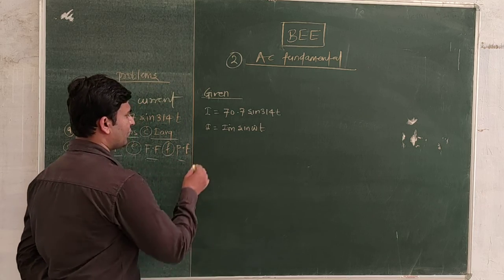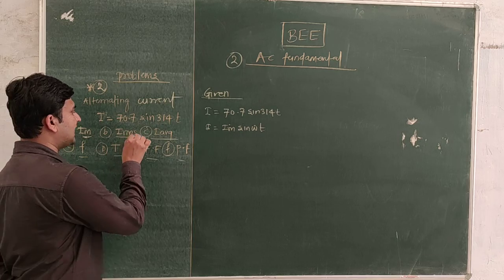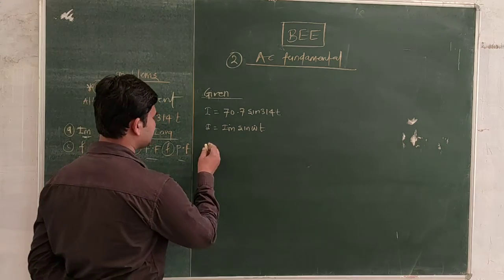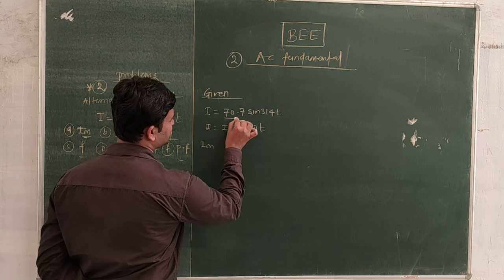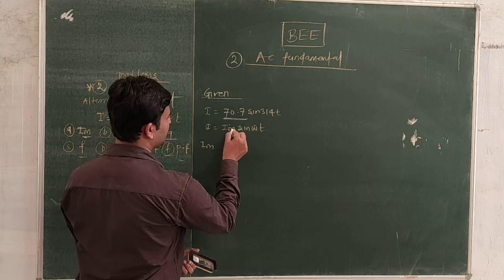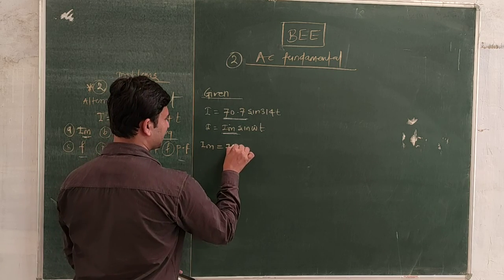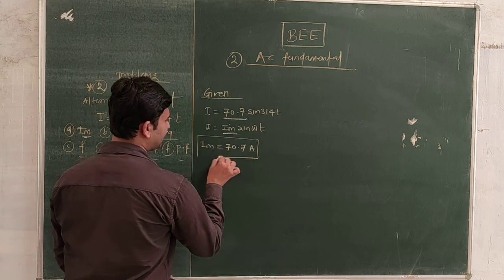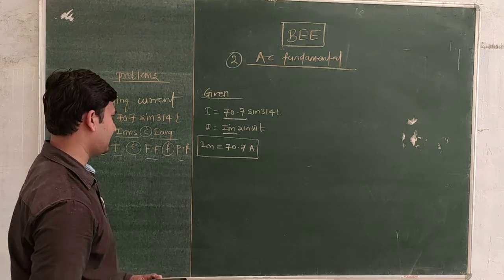First we determine the maximum value of current. By comparing these two expressions, we get the maximum value of current directly as 70.7 ampere.